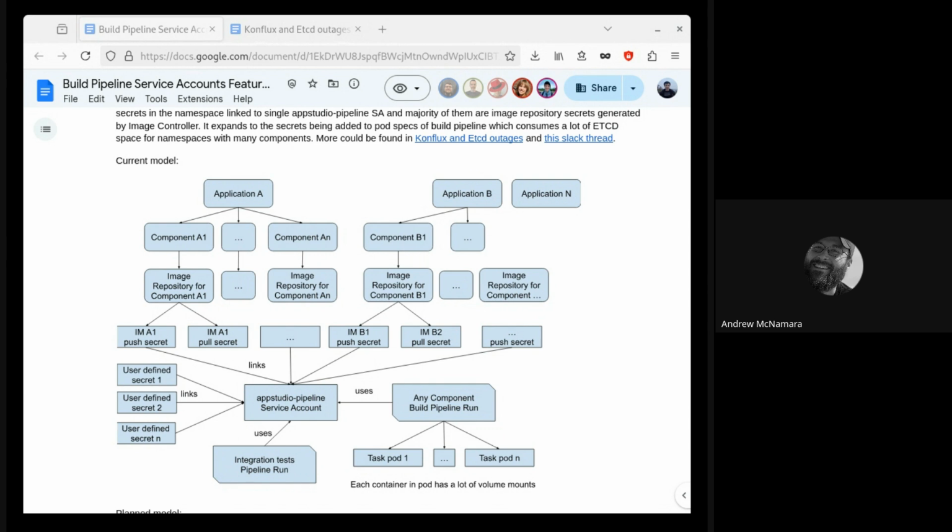If we have multiple service accounts and we try to create a flow that has multiple service accounts, then users might be more comfortable with associating secrets with specific service accounts, and they might be able to achieve the isolation without having to create multiple namespaces to run these different builds on.